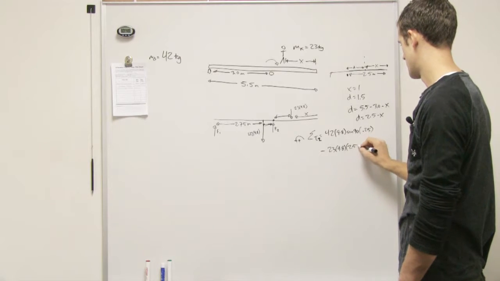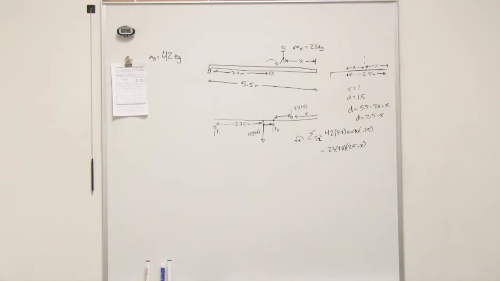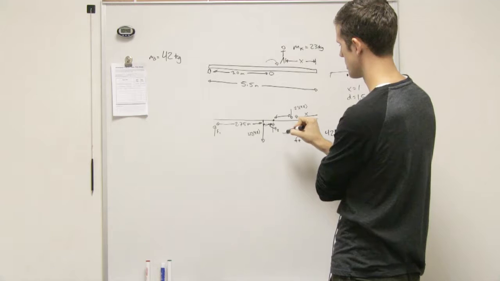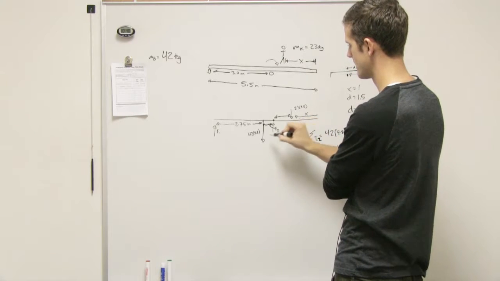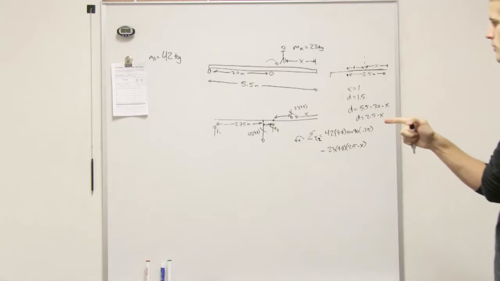So you put that in here. That takes care of this one, which is on the support, so you don't add it. You added this one and you've added that one. What about force 1?